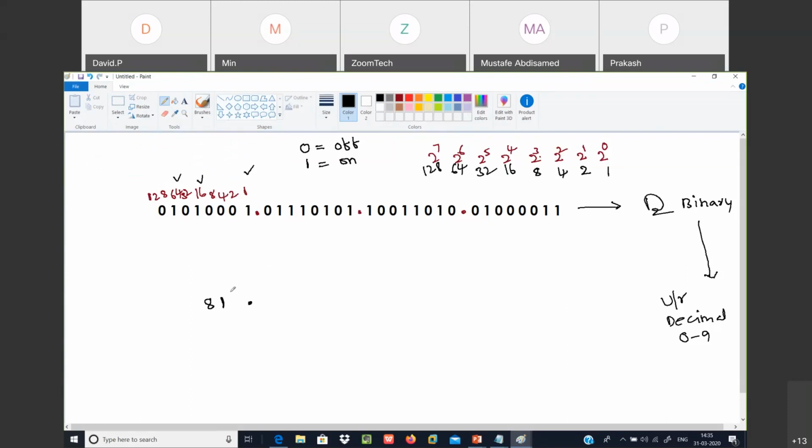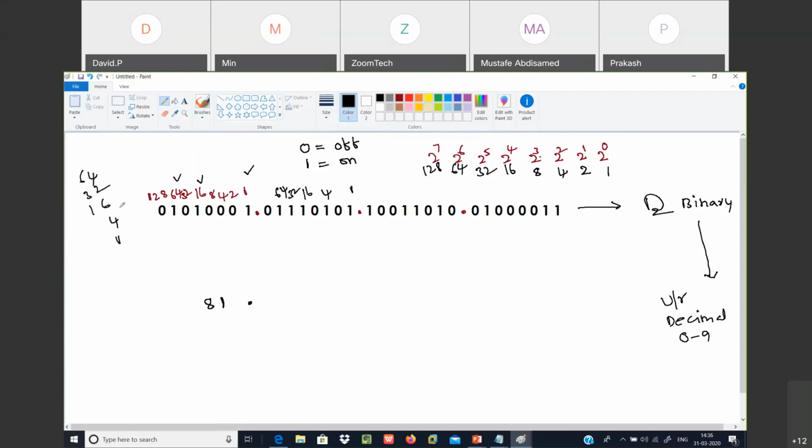Similarly, the second octet. 128 is off, 64 is on, 32 is on, 16 is on, 8 is off, 4 is on, 2 is off, 1 is on. The total is 64, 32, 16, 4, and 1.